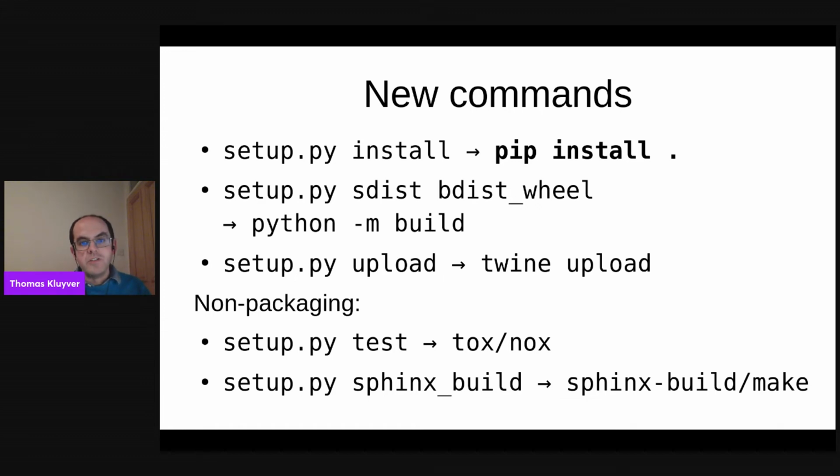So there's an easy answer, which I've put here. For making packages, you can use this build package. For uploading things, there's Twine, but tooling like Poetry and Flit will have their own equivalents of these that developers can use for more convenience.